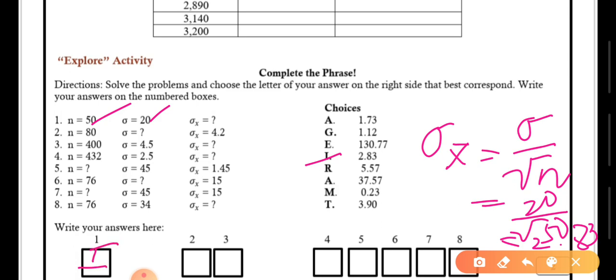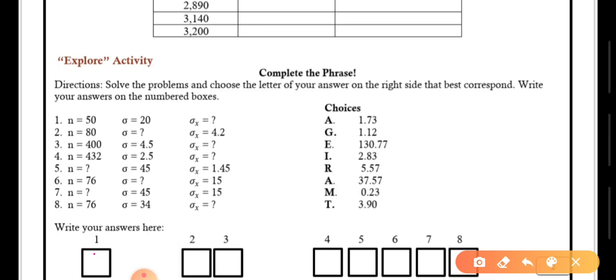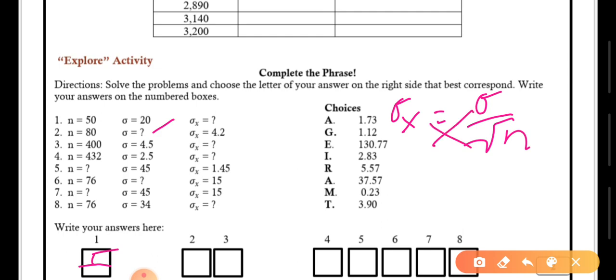So we already have our answer in number 1, which is letter I. Let's do number 2. In number 2, the unknown is this one. The formula is this equal to sigma over the square root of n. So let's derive the formula first. Just do a cross product. We will have the given times the square root of n equal to this one.